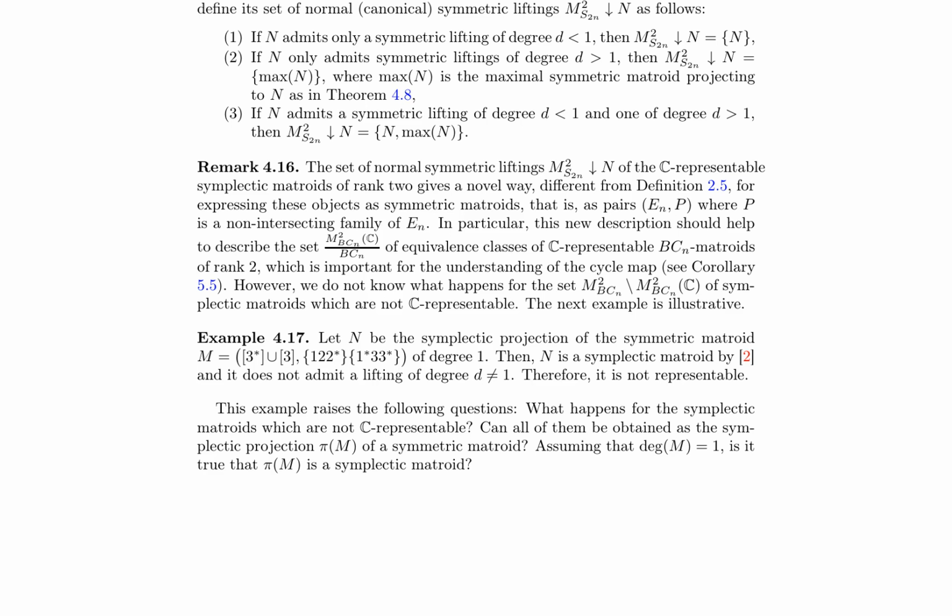Finally, in the third case, N admits both a symmetric lifting of degree d less than 1 and one of degree d greater than 1, resulting in M2S2N down pointing arrow N equals N, max N.